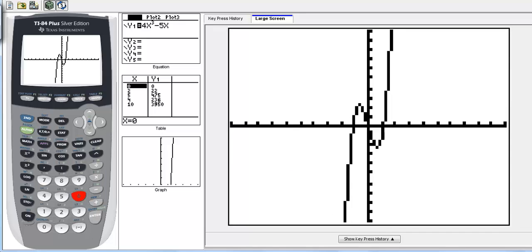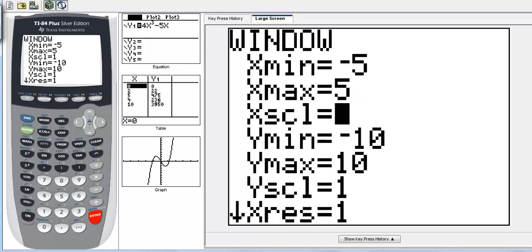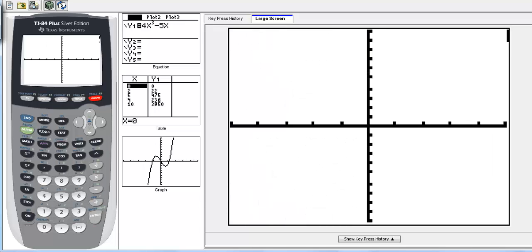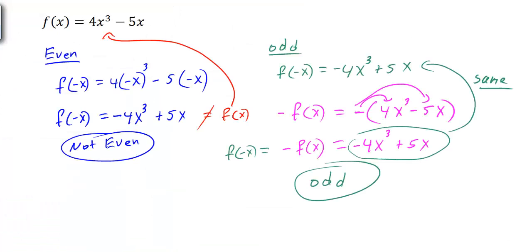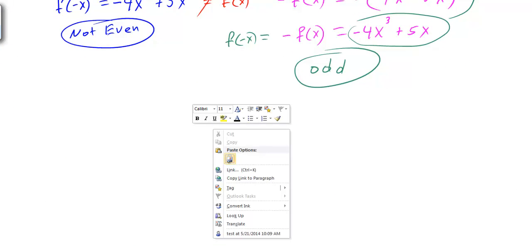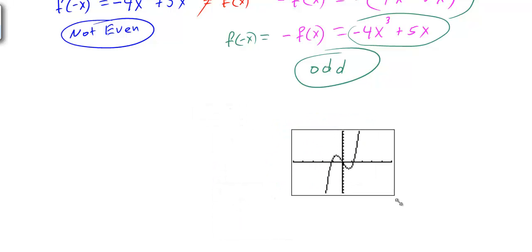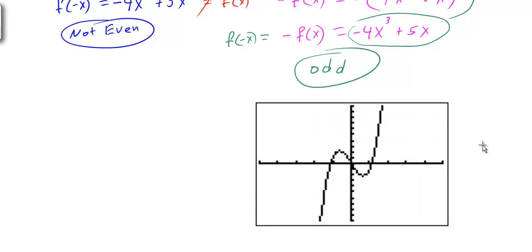And to make this a little bit better, let's make our window maybe -5 for the x minimum and 5 for the x max. And there we have a nice picture of our graph. So if we copy this, we can see that the graph is going to be symmetric with the origin. So therefore we have an odd function.